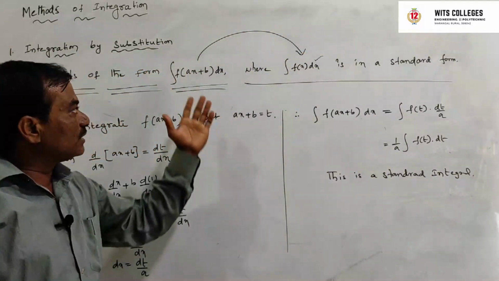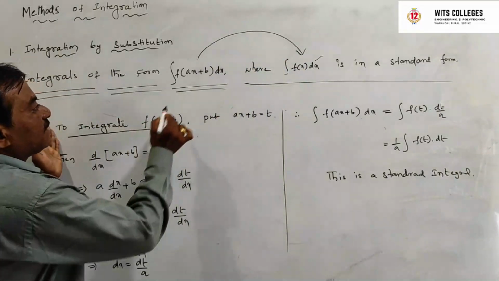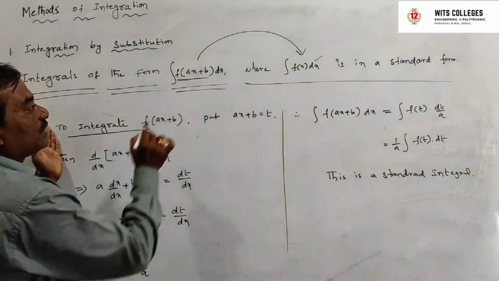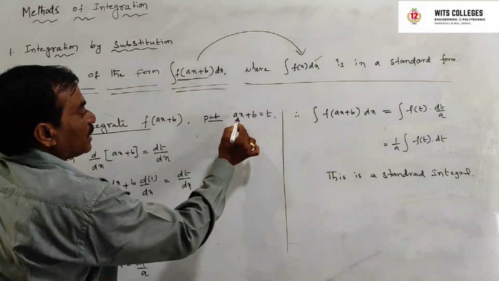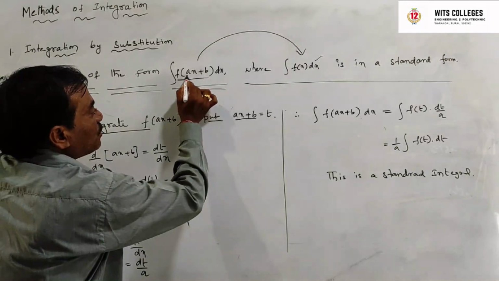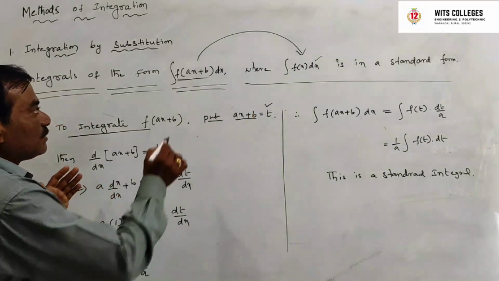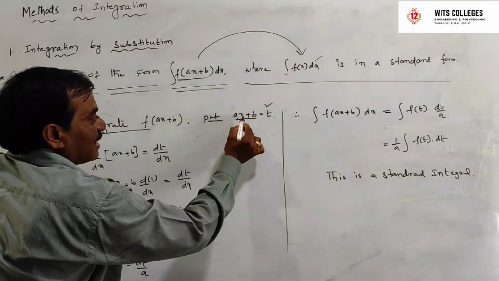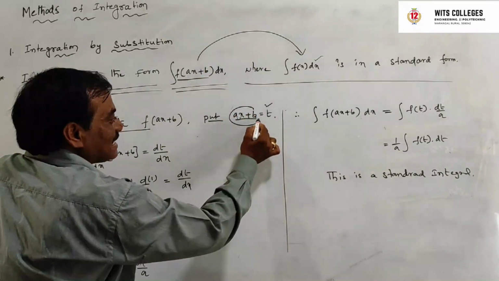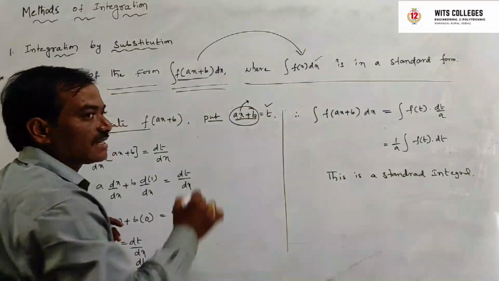In order to convert it, to integrate the given function with respect to x, we have to put ax plus b equal to t, that is, substitute ax plus b equal to t. Here t depends on x.